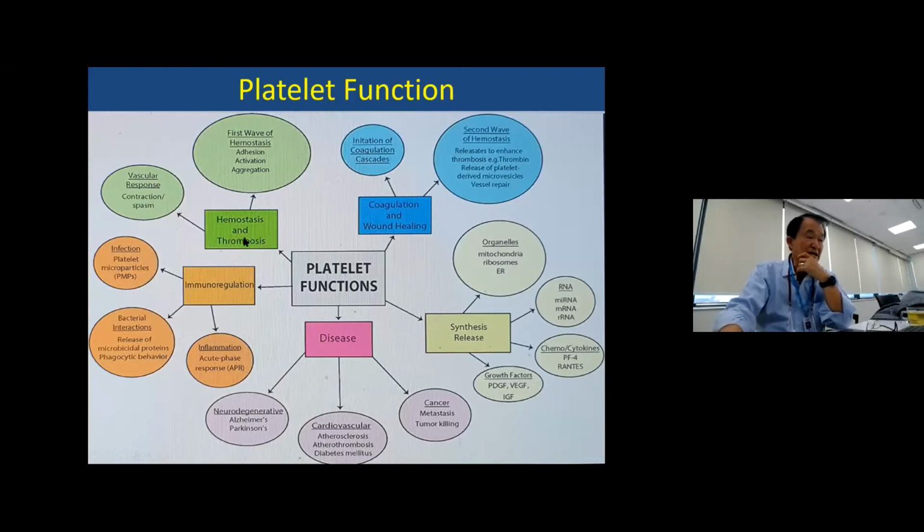And on the right side is recent information about platelets involving growth factor and cytokine and even RNA, organelles, or mitochondria, all the things. So a platelet is so important in our body system.